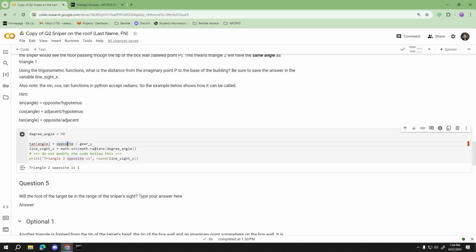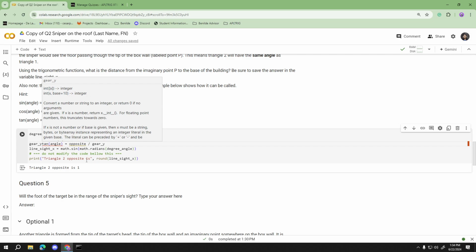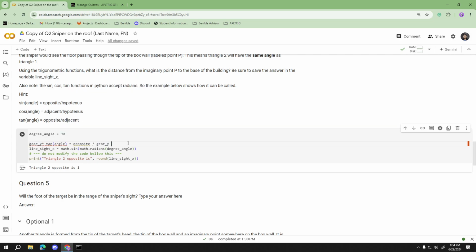So multiply both sides by gear y. Gear y is at the bottom, and when we multiply, it becomes 1, so it's gone. It's a bit confusing in just text. So gear y times tan of the angle is equal to the opposite.